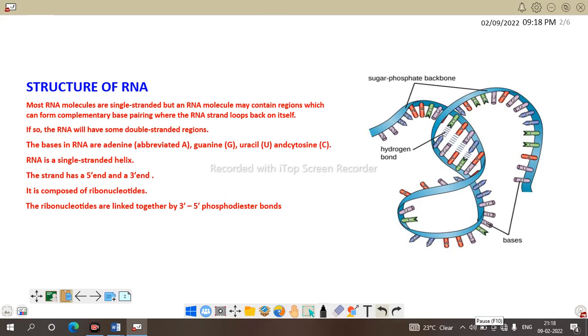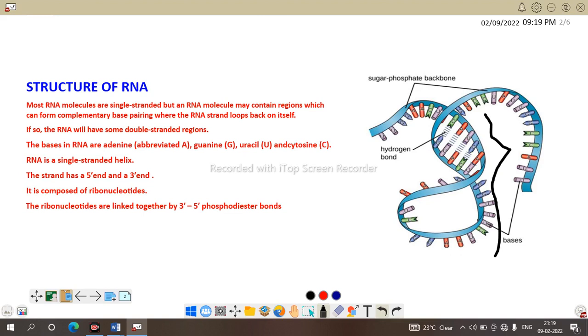Most RNA molecules are single stranded, but an RNA molecule may contain regions which can form complementary base pairing with another part of the RNA strand and loop back on itself. Here is the image showing the loop formation. Here it looks like a double stranded helical loop. Here is the single helical loop.